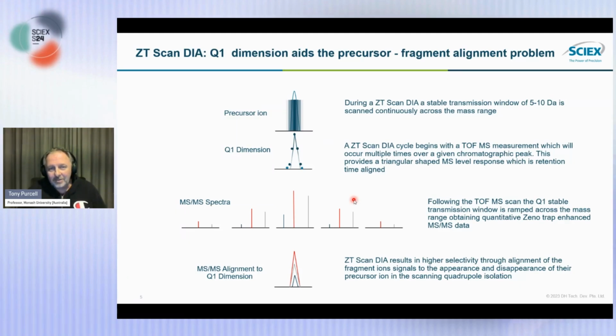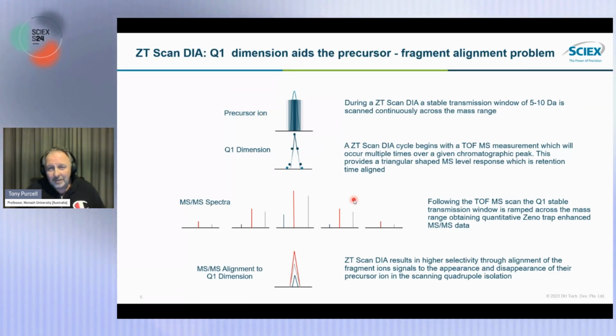And what that does is it addresses one of the issues in data-independent acquisition, that is aligning the precursor mass seen in an initial TOF-MS scan to fragments that are then detected during the MS/MS experiment part of the DIA. So in the ZT scan, there's a stable transmission window of between 5 to 10 Daltons, and this is scanned continuously across the mass range.